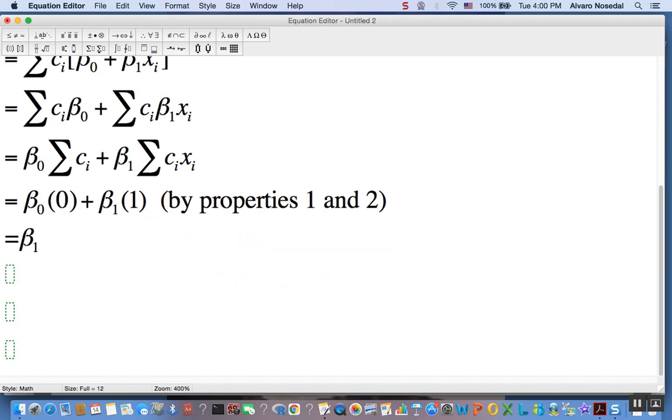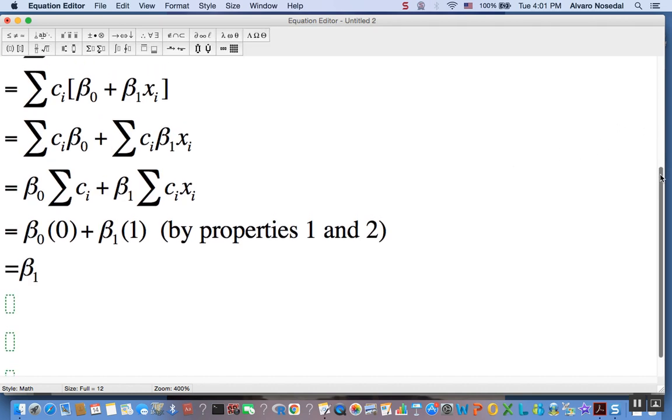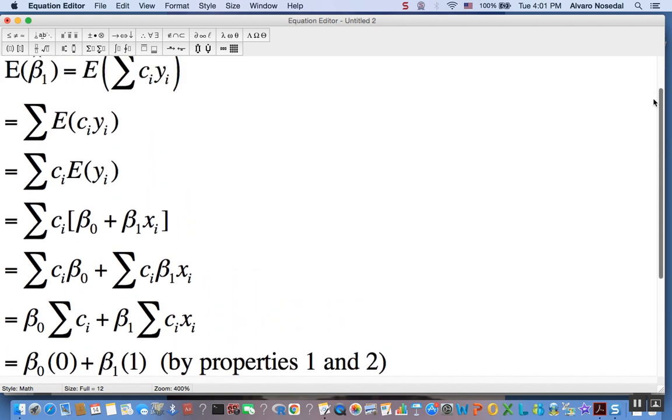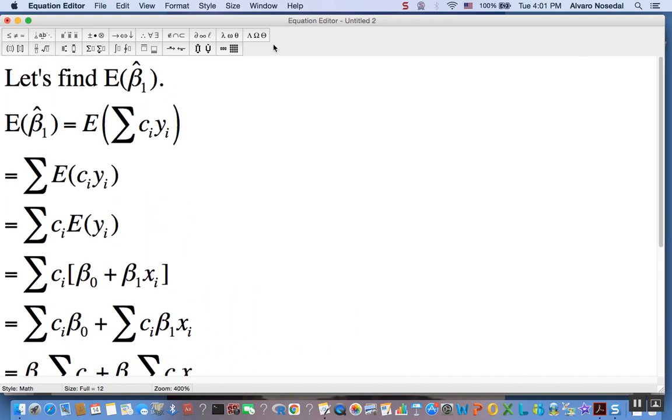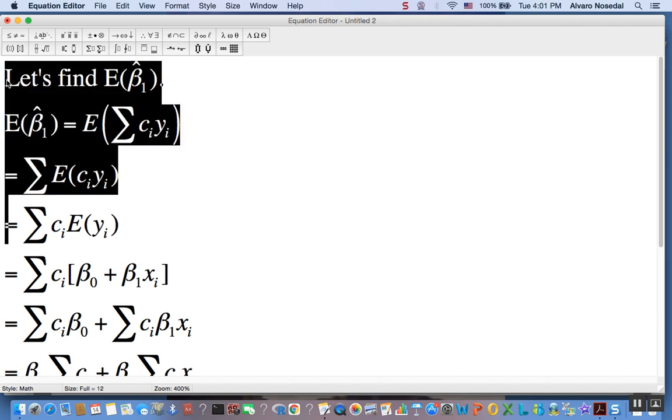Now, let's find the variance of our estimator beta 1 hat. Let me try and be lazy here a little bit.